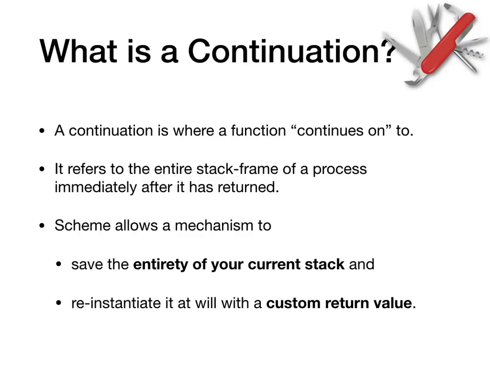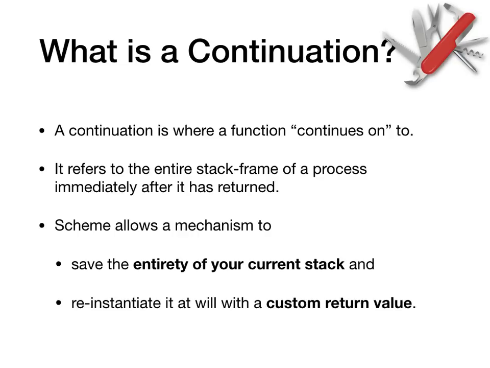So what Scheme allows you to do is to bundle up where you're going to go, both in terms of your stack and in terms of your code location, and return a procedure that when you call that procedure, it goes back to that point. So it's basically bookmarking both a place in your code and a place in your stack that you can come back to.